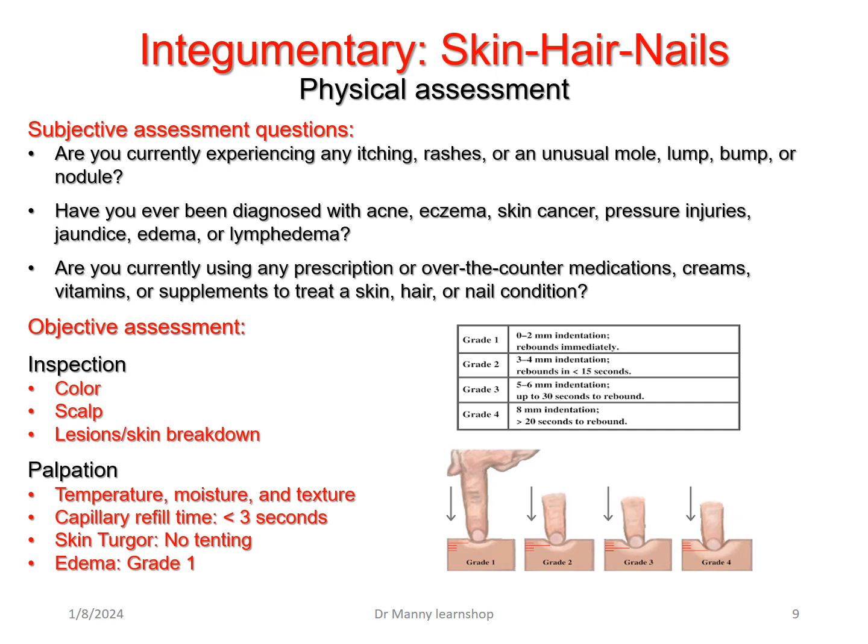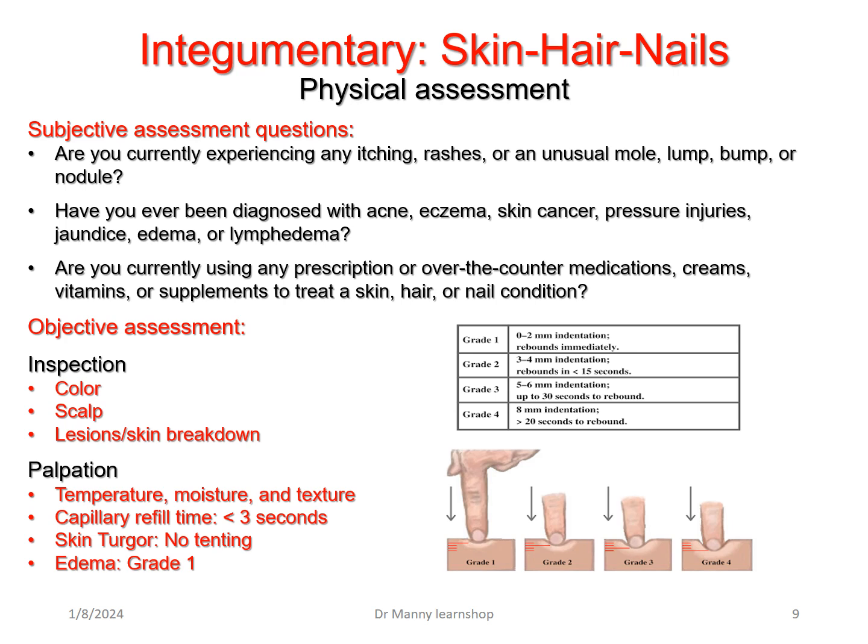So the objective assessment would involve inspection and palpation. On inspection, you would be looking for the colour of the skin, the hair, and the nails. You'd be looking at the scalp, and again, in respect to skin and hair.